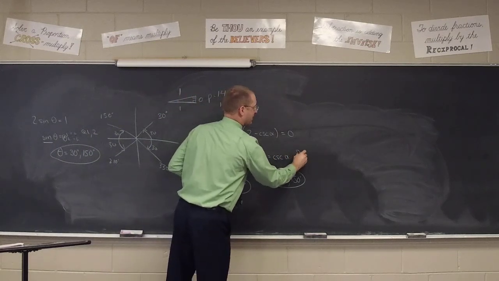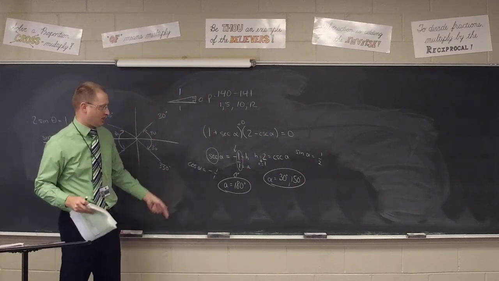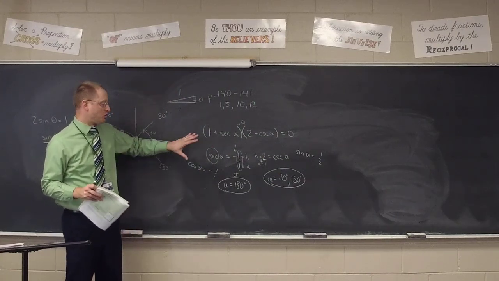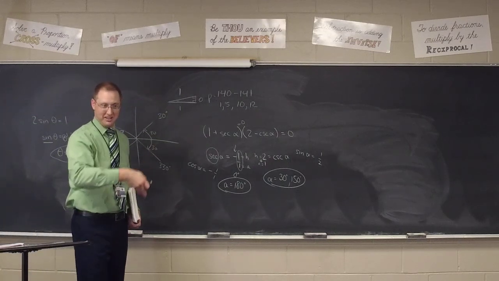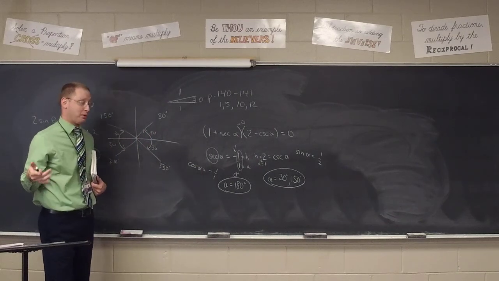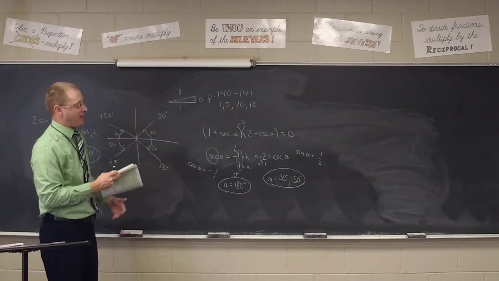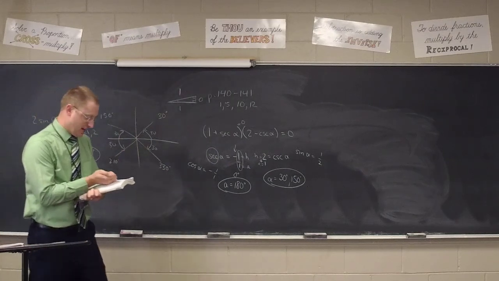Make it a sine, flip it. Now I get to picture my cosine line and my sine line. And if I have cotangent, I can flip that and think of my tangent line, right? So you can always flip them to go back to your sine, cosine, tangent, your big three, if you want to help yourself with that. But anyway, questions?